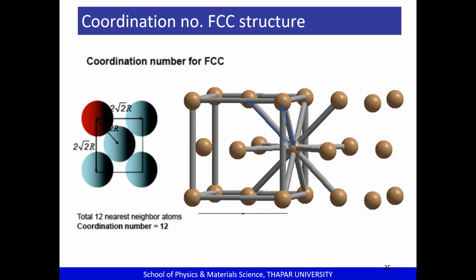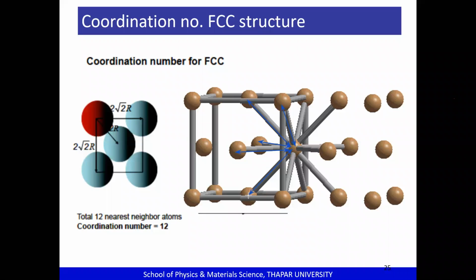Now if this distance and this distance are the same, then this is also a face and this is also a face. So if I compute this, it will also be the same. Likewise, if I compute this, and this, they will also be the same.